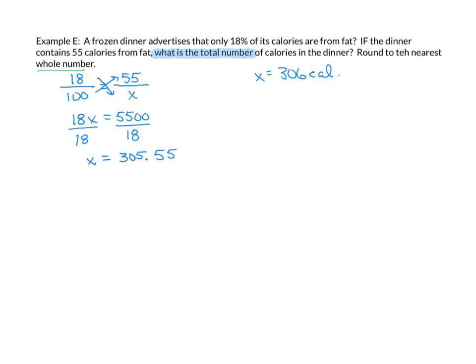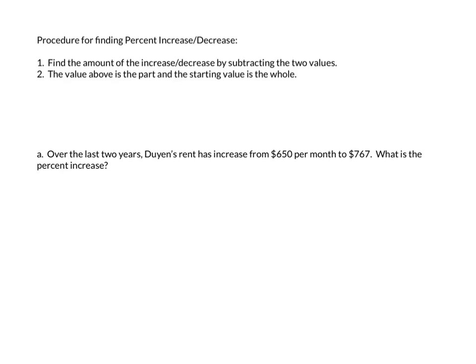Okay, so that takes care of some basic percent examples. Now, in the last module, we talked about ratio of increase and ratio of decrease. So that's going to be the next thing we want to do. So in order to find percent increase and percent decrease, our first step is going to be the same as we did in the last module.